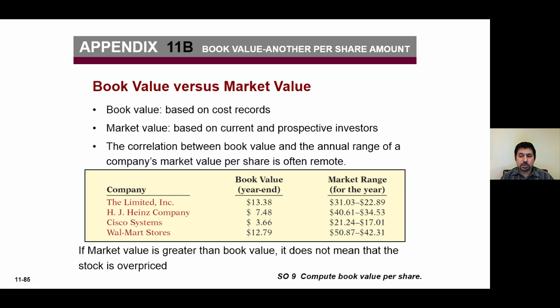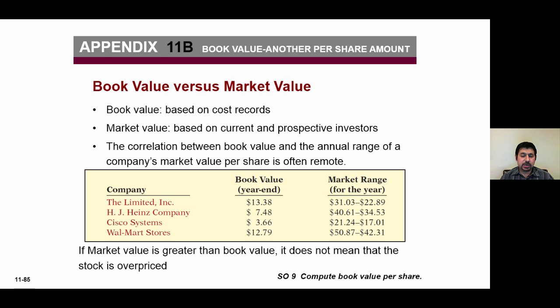Market value will depend on the investors and the demand and supply, and the relation between the two is, in many cases, not at all related. And if the market value is greater than the book value, this does not mean that it is overpriced.